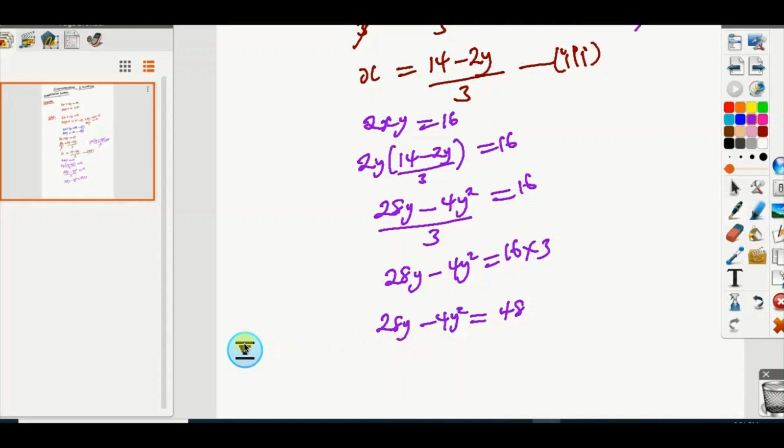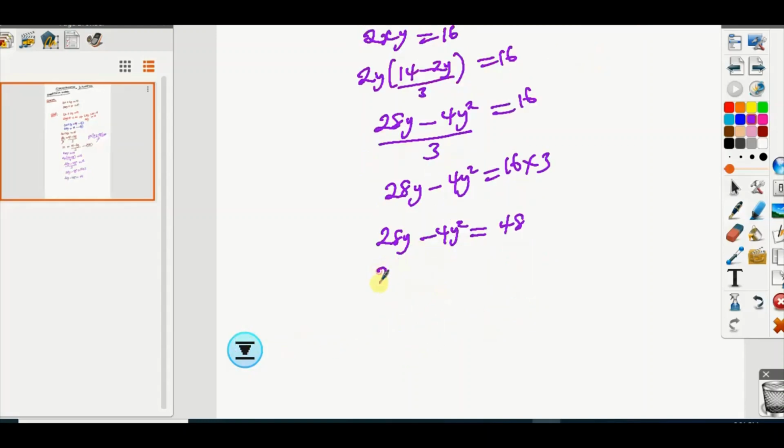So we rearrange this: 28y minus 4y squared minus 48 equal to 0.